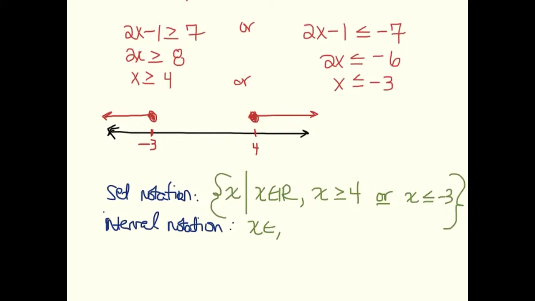Since your numbers are going opposite ways on the number line, you have to write an infinity. So I have negative infinity, negative 3.